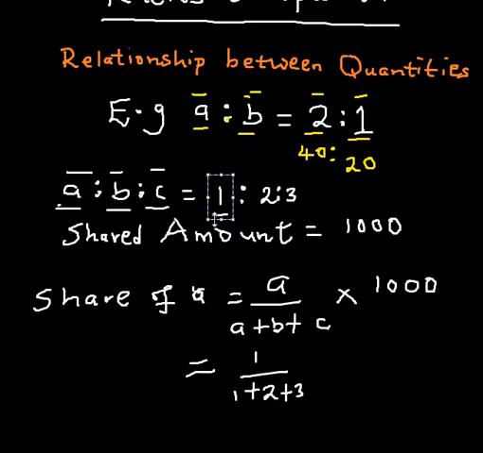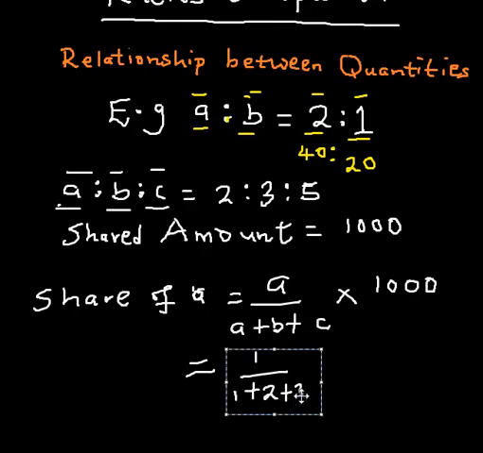Okay, let me give a ratio that we can solve easily. So let's look at 2 is to 3 is to 5. So I just changed the ratio. The ratio for A is 2, B is 3, and C is 5.